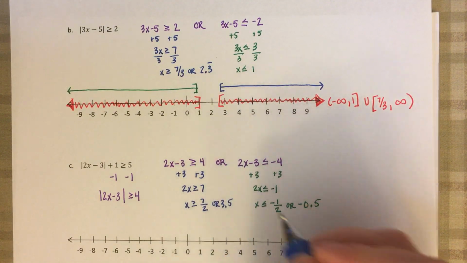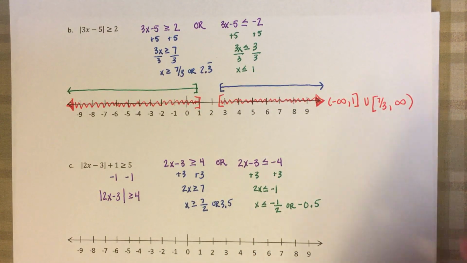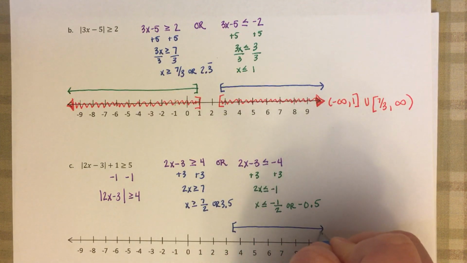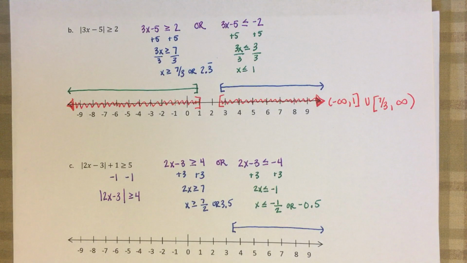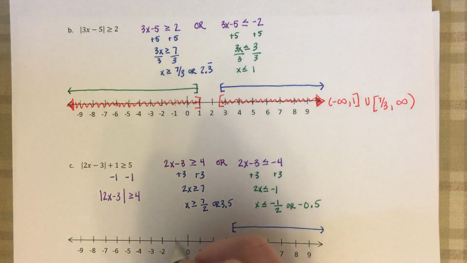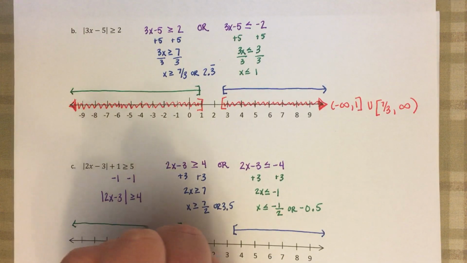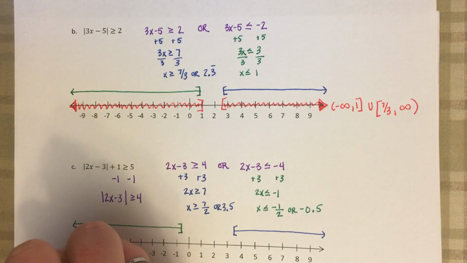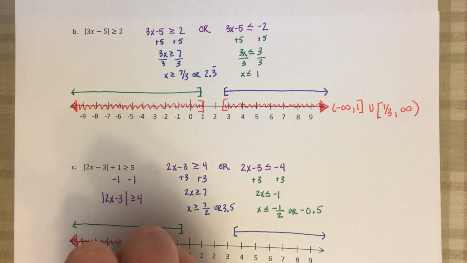All right. Here we have less than or equal to, greater than or equal to, so we're going to use square brackets again. So we go from 3.5 towards positive infinity, and we go from negative 1/2 towards negative infinity. We get the same thing for our final answer on our number line.